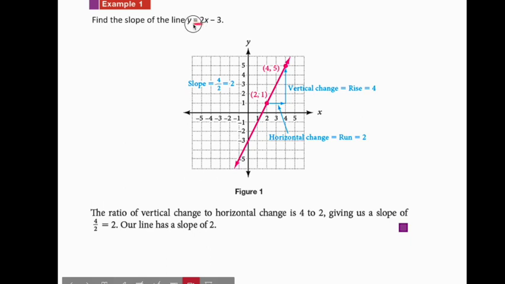So in this case, 2 is my slope. When it's in slope-intercept form, the number that doesn't have the x is what's called the y-intercept, and that's where it crosses the y-axis. So it crosses right here at -3. So from looking at the equation, we identify the slope as 2 and the y-intercept as -3.